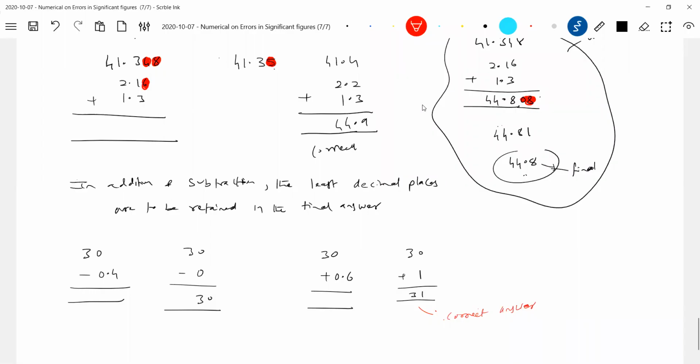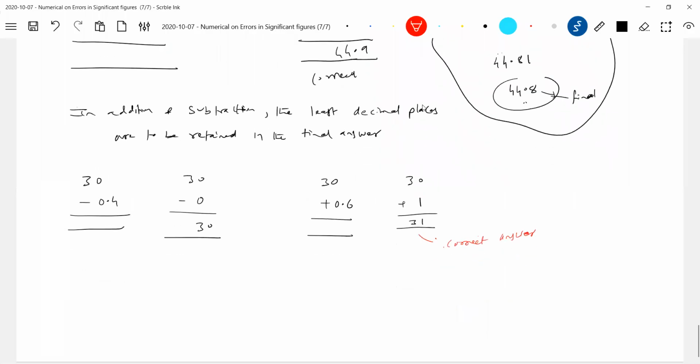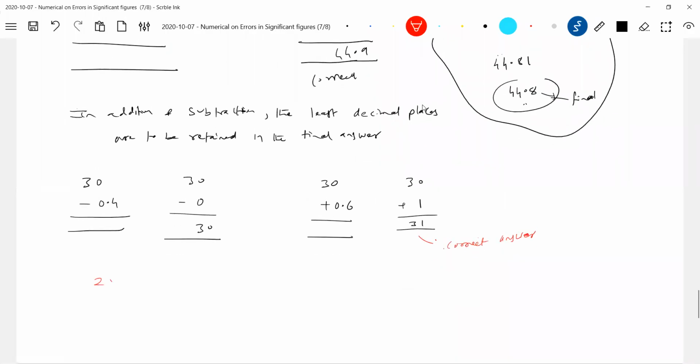Okay, we'll go for subtraction of some higher numbers. Let's see that. 2 into 10 to the power of 6 minus 4 into 10 to the power of 5. So we have to subtract and find the value of x. Then this will become 6 zeros, and then 5 zeros.